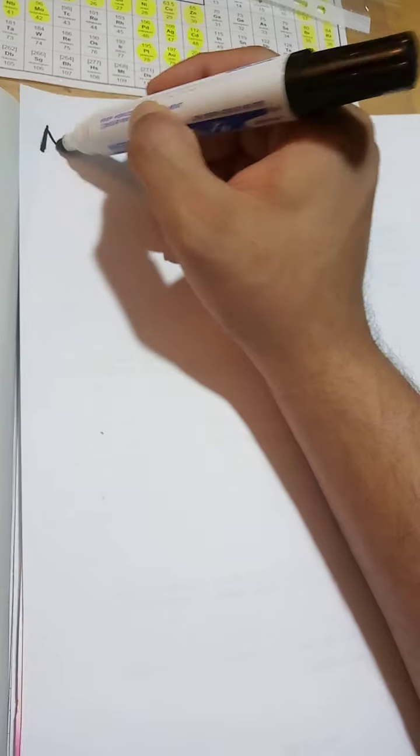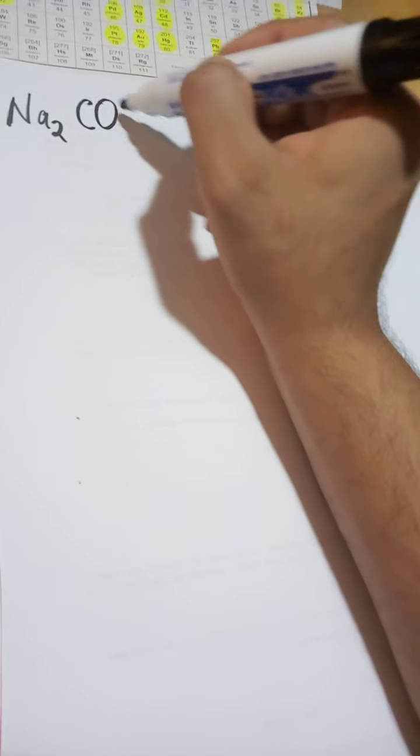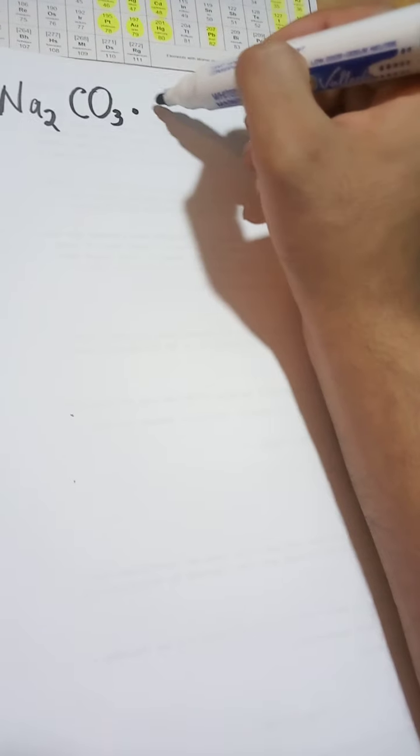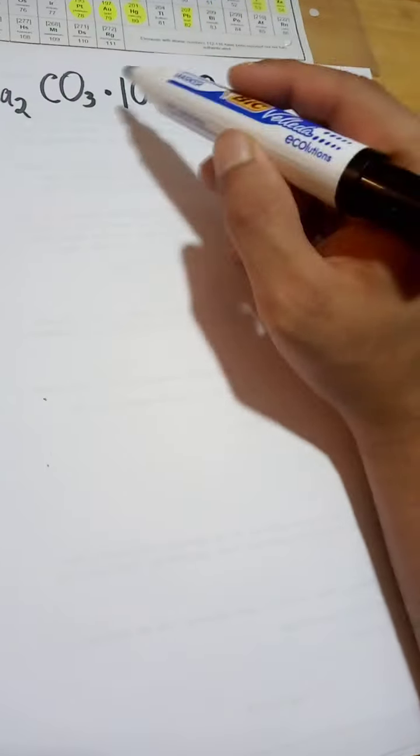And then we do sodium. Now here's a twist: Na2CO3 decahydrate. So this is what you call a soaked powder, where it forms temporary hydrogen bonds with the water molecules.